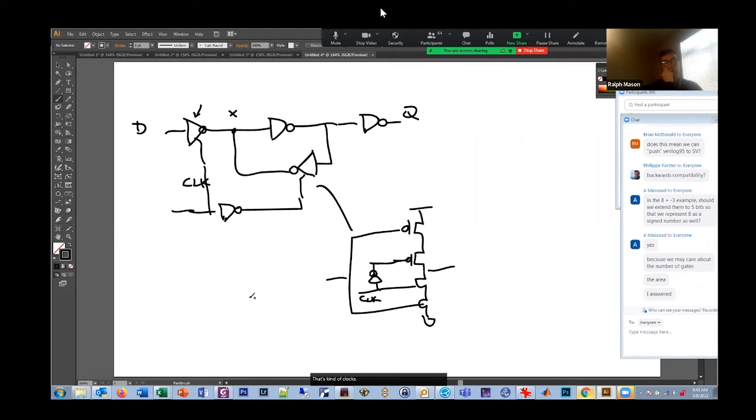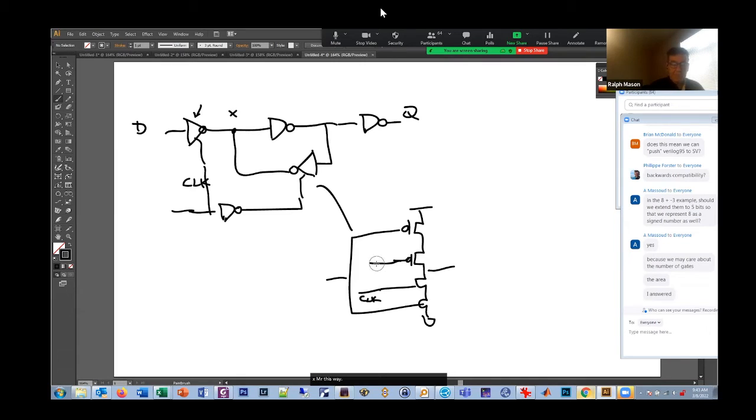Yeah. Now you might ask, well, why do we do that? Well, first thing to note about this, how many transistors are there? By the way, this inverter here, you don't need it. You can use the same inverter like this. Actually, let's do it this way.